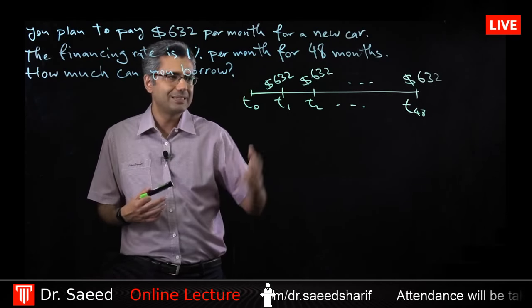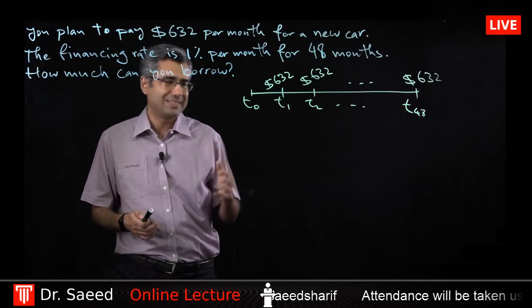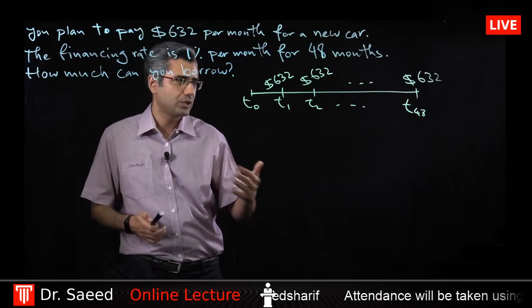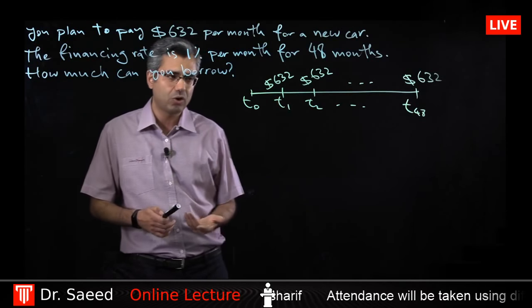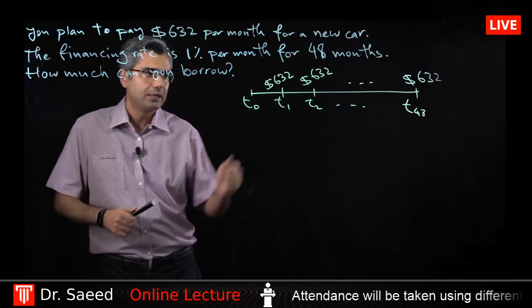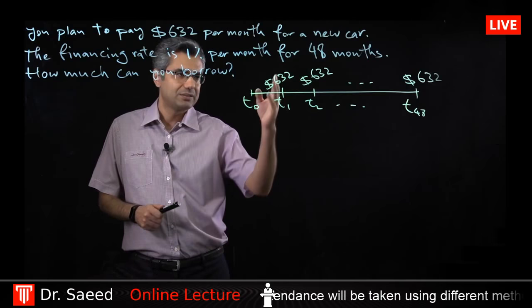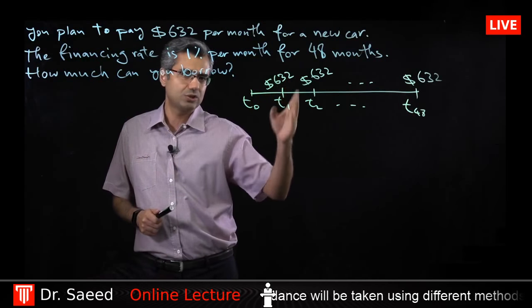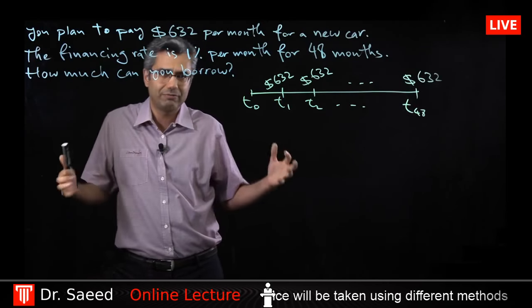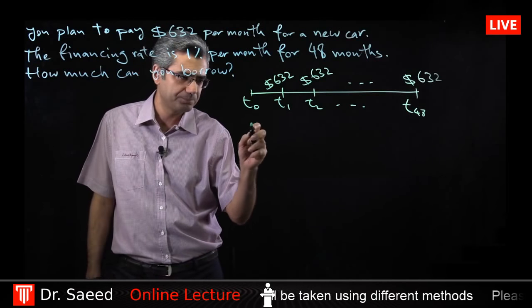Of course, we still can discount all these future cash flows one by one, but it may take a lot of time because you need to do it 48 times. So instead, we use the annuity formula. Why? Because it's the same cash flow for a limited number of periods. 632 US dollars for 48 periods. So it's a very clear case of annuity. So let's use the annuity formula.